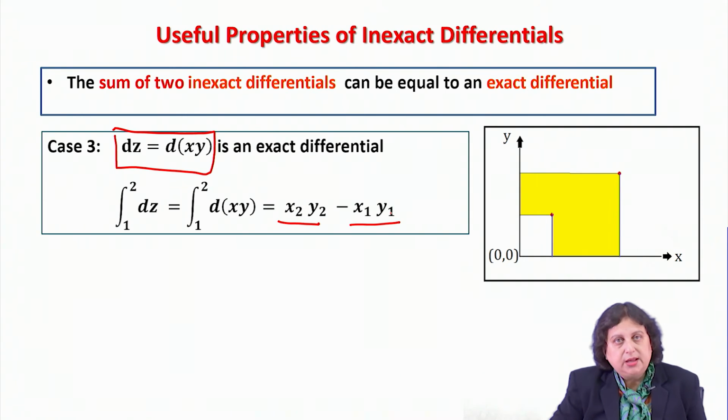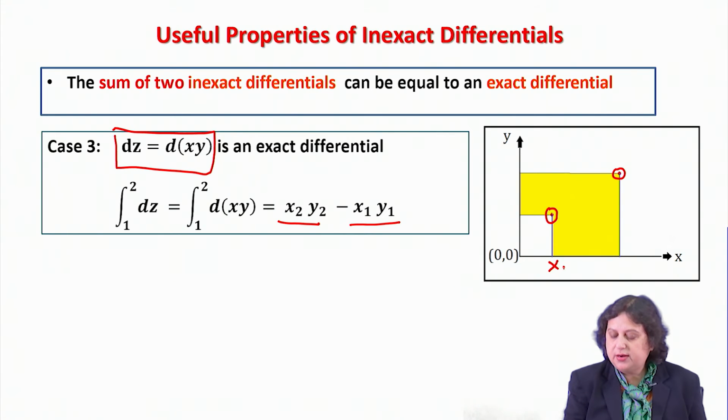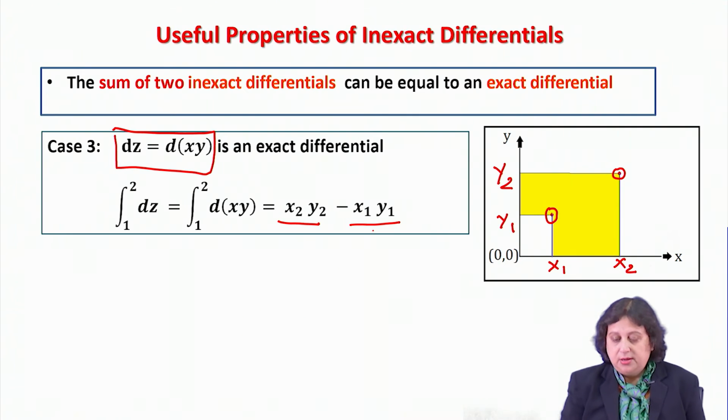Now, graphically, what does this correspond to? In the xy plane, where x and y vary from this initial point to this final point, this is x1, this is x2, this is y1 and this is y2, then x2 y2 minus x1 y1 is nothing but the difference in area.